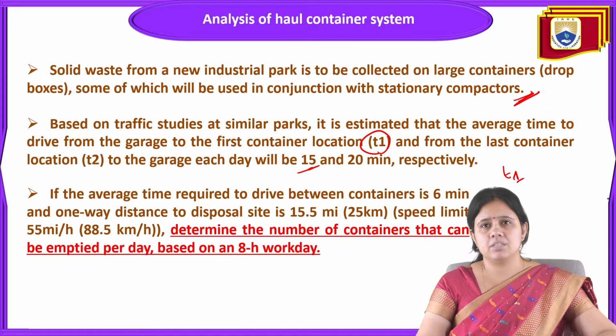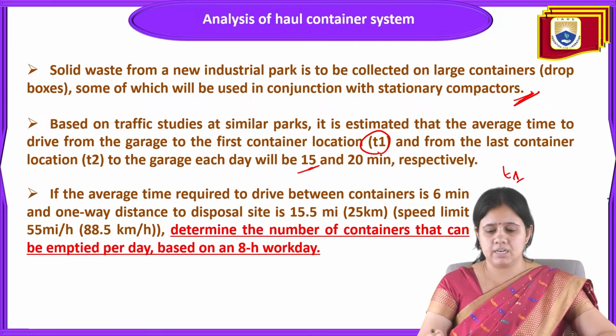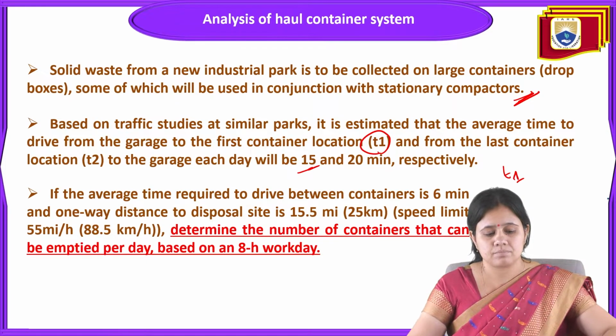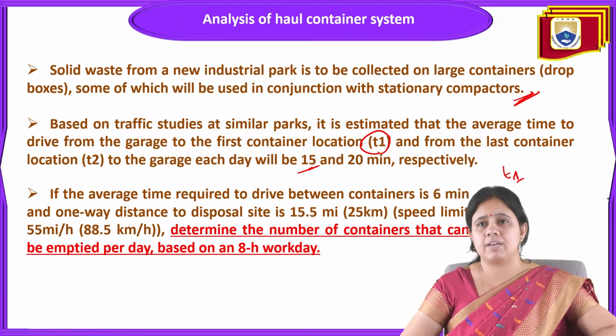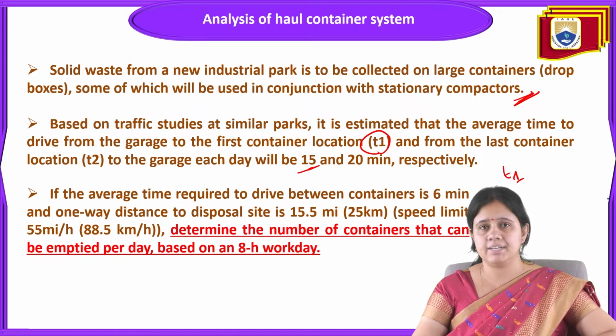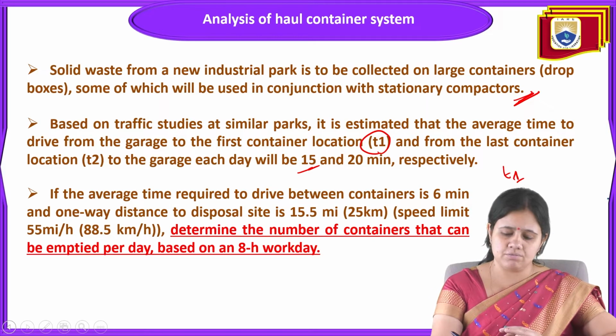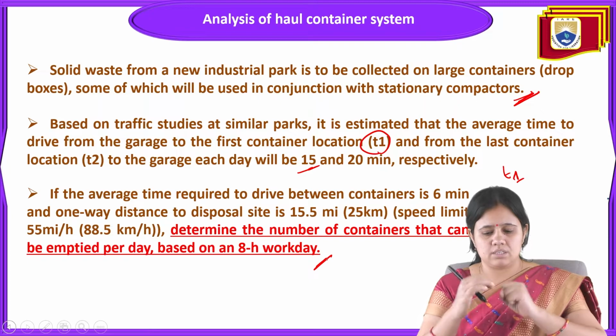If the average time required to drive between containers is 6 minutes, the one-way distance to the disposal site is 25 kilometers, and the speed limit is 88 kilometers per hour, determine the number of containers that can be emptied per day based on an 8-hour work day. So this is the condition.